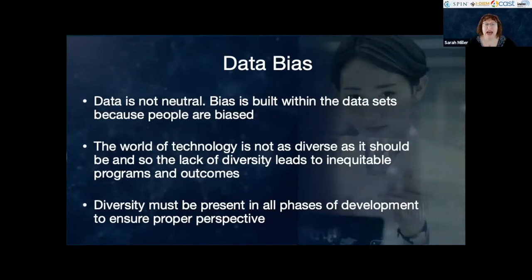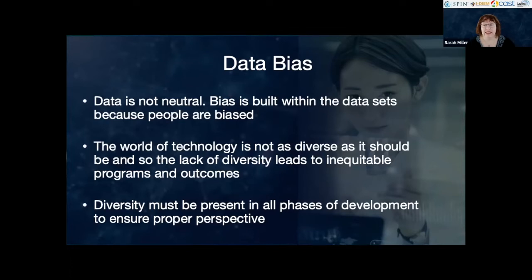Data, however, is not neutral. Data is built by people, and people are biased. Every one of us is biased in some ways about some things. Sometimes we know it and acknowledge it. Sometimes we know it and we don't acknowledge it. And sometimes we don't know that we are biased.